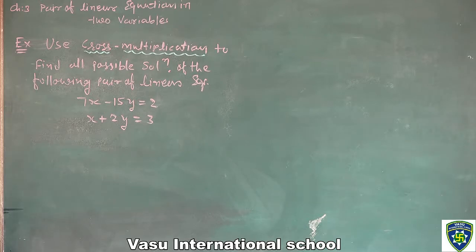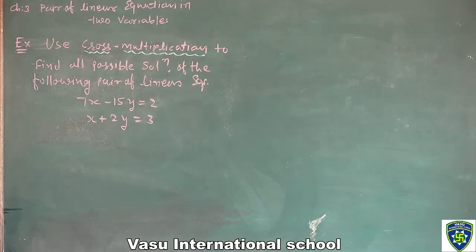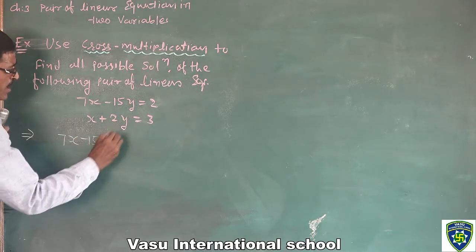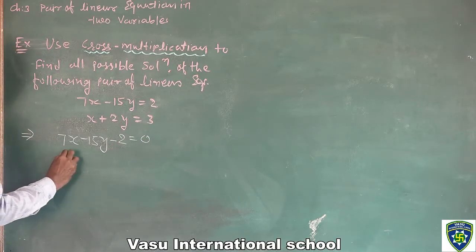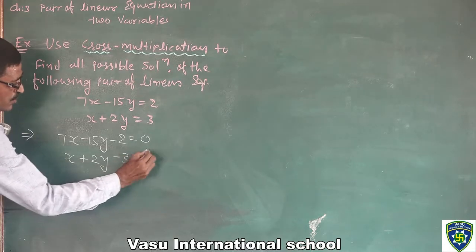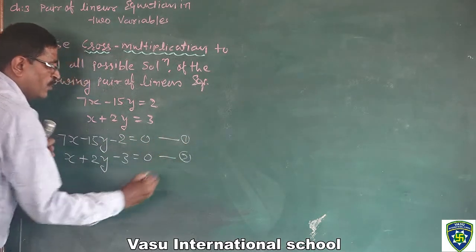First of all, we convert these equations into the general form of a linear equation. Solution: 7x minus 15y minus 2 equals 0. Similarly, x plus 2y minus 3 equals 0. Equation 1 and equation 2.